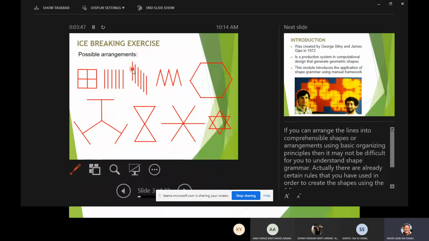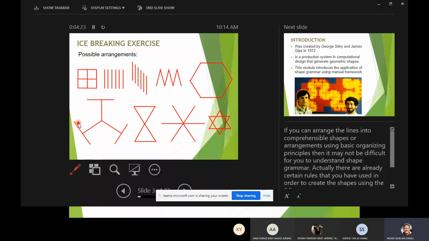So it becomes like this, and in this manner you rotate at a certain angle. You can see the pattern, the principles behind the arrangement. Like this shape, you rotate the line at what angle is this? 60 degrees at all the ends of the line, and then you get this shape.